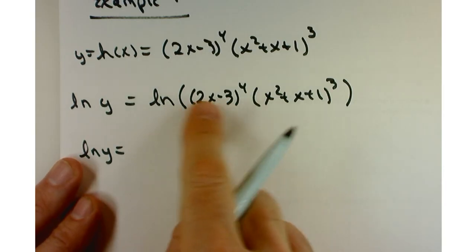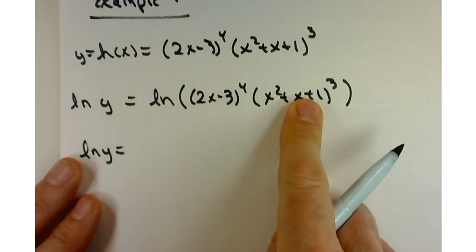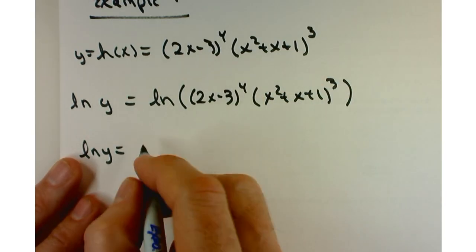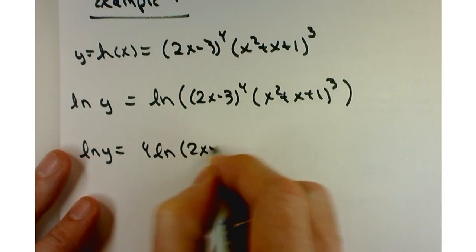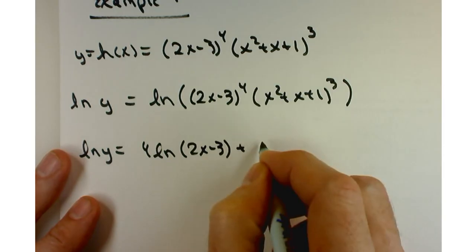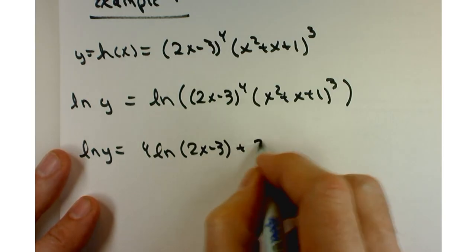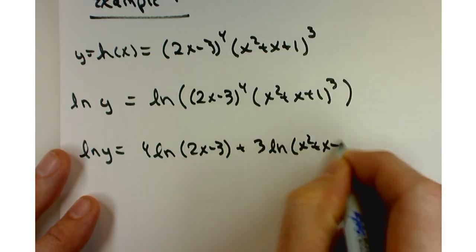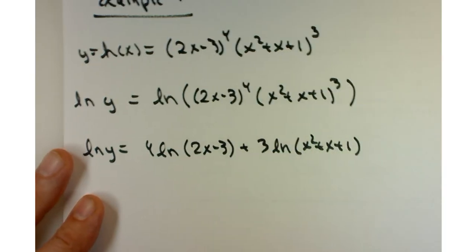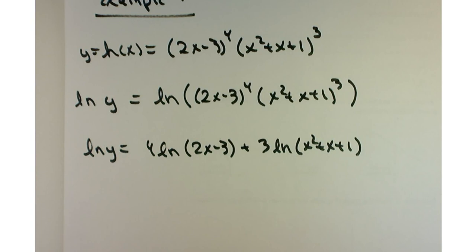So the product rule is going to be the log of this plus the log of this, and then the exponents come out as well. So fast forwarding a little bit, it's going to be the ln of 2x minus 3 plus 3 times the ln of x squared plus x plus 1. All right, so that's a little bit better. Then what?